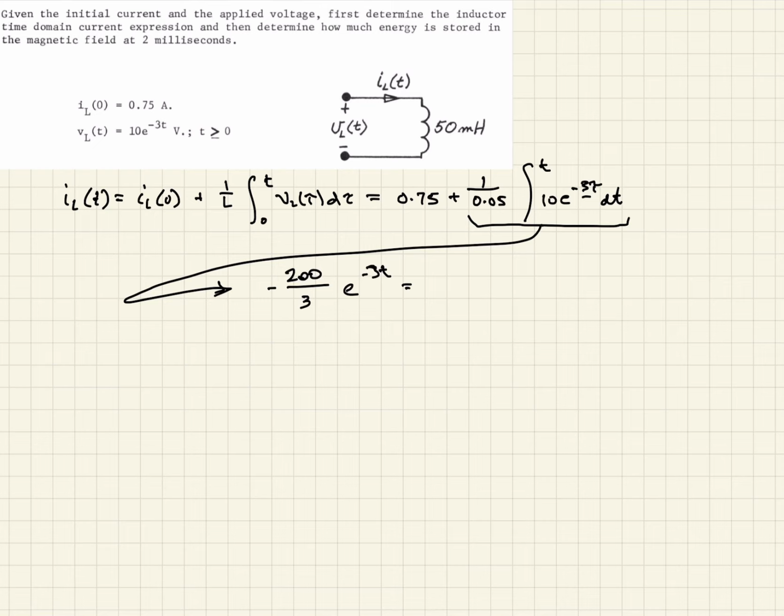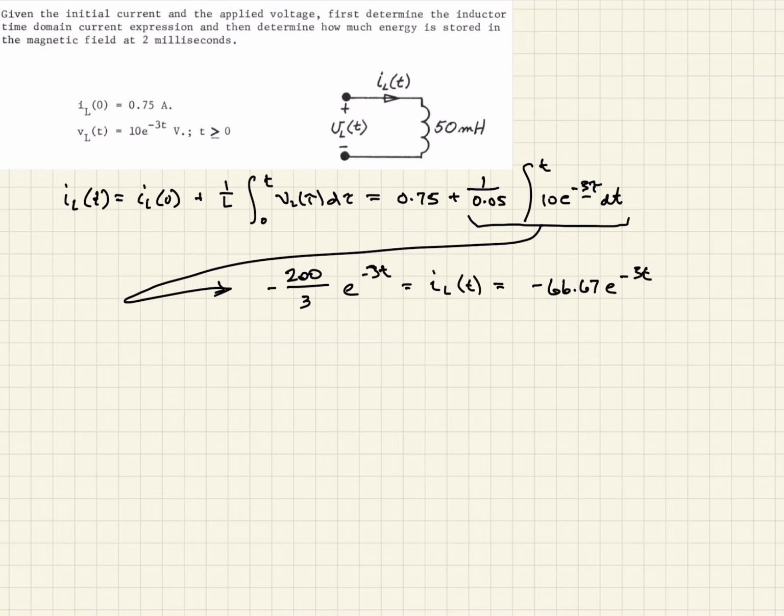So this is our general expression for our current. So if we multiply this out, that's going to be minus 66.67 times e to the minus 3t.